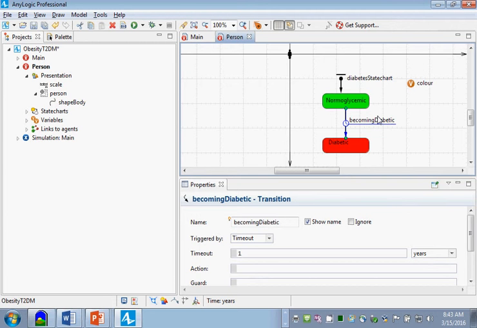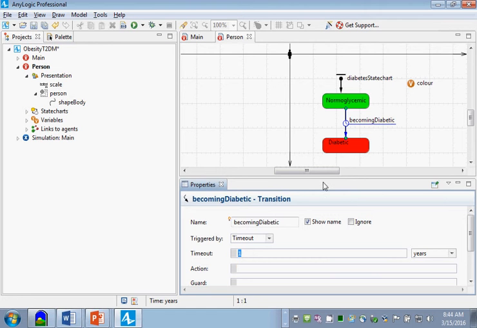So those probabilities, or the probability distributions associated with so-called residence time, how long you spend in this state, are dictated by the transition types and the rules in terms of the values for those transition types. So let's suppose we have this becoming diabetic at a fixed value of 1 year.